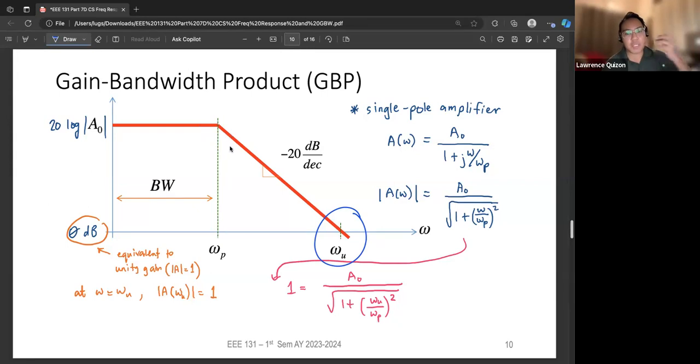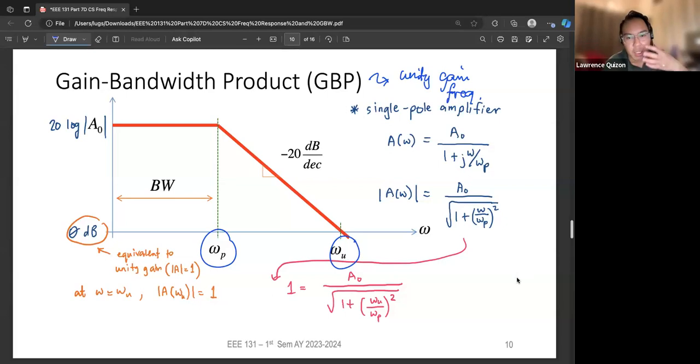So assuming a single pole amplifier, though, we can have a relationship with the unity gain frequency. So the unity gain frequency can be derived for a single pole amplifier, no?